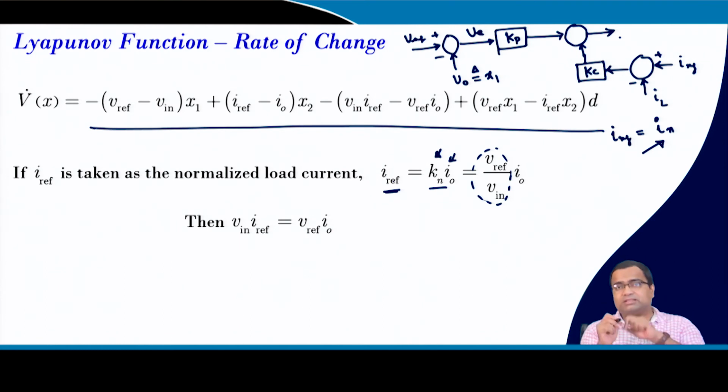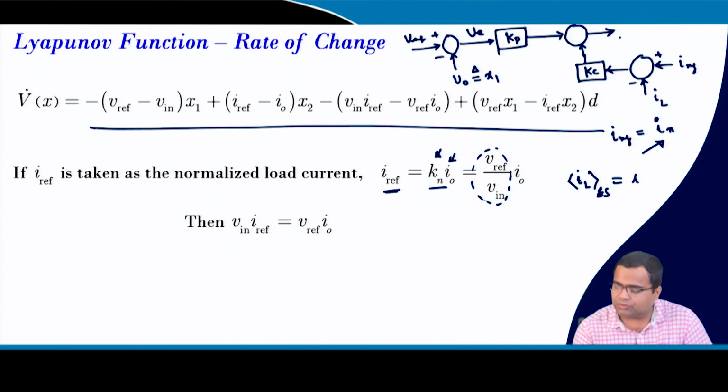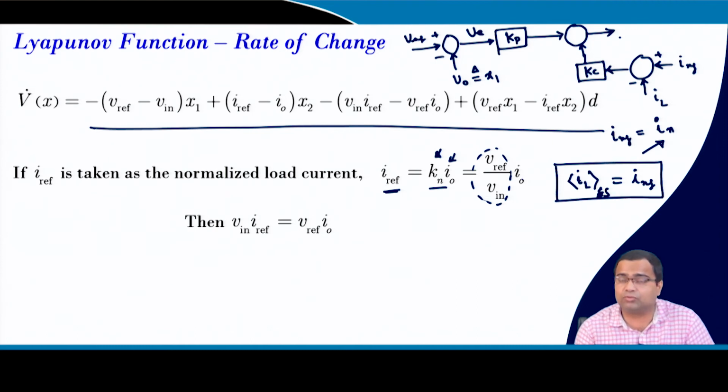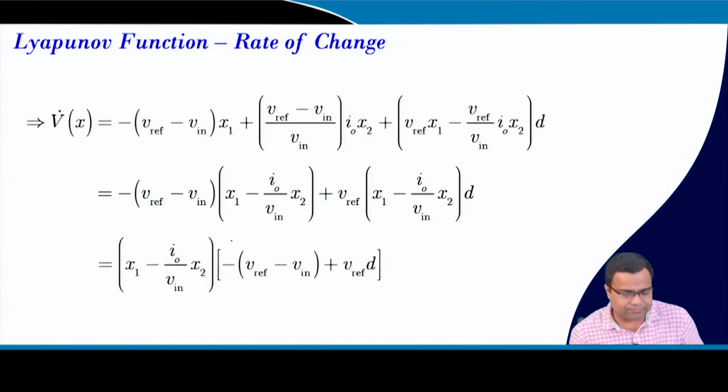This normalization is carried out in order to achieve the steady state average value equal to this I ref, that is my objective. And the average inductor current is equal to V ref by V in times the average load current, for a boost converter. So, we have considered this.